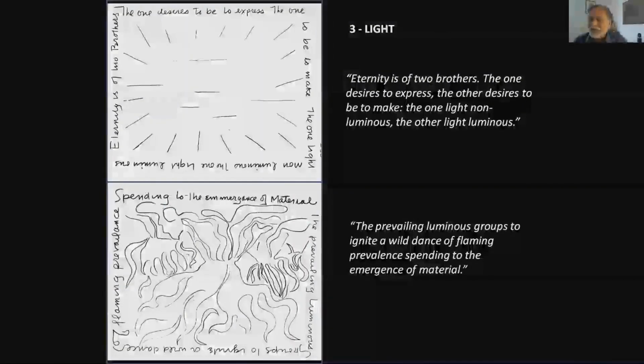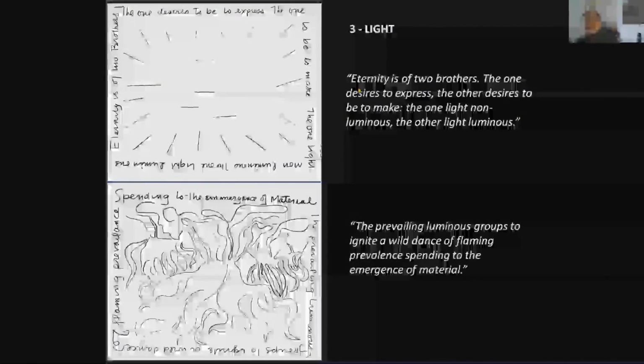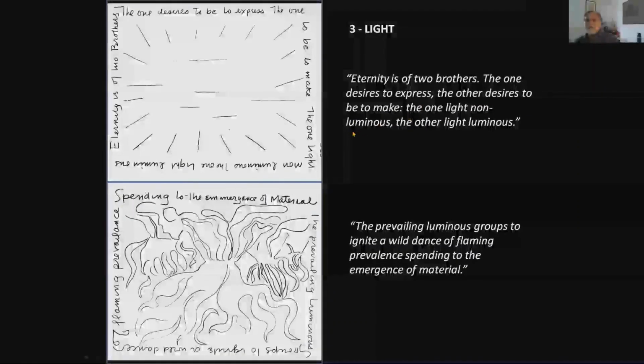But in this, he writes around this, shows some rays of light, and he writes here, I put it in simpler terms, eternity is of two brothers. The one desires to express, the other desires to be, to make. The one light non-luminous, the other light luminous.